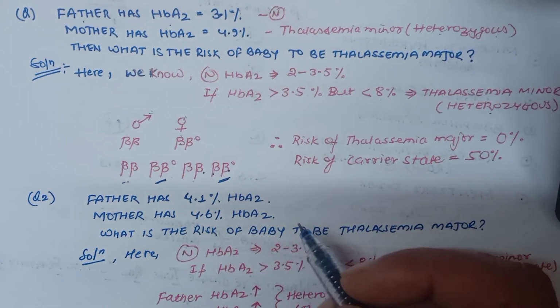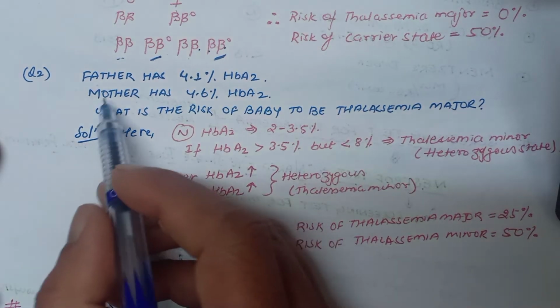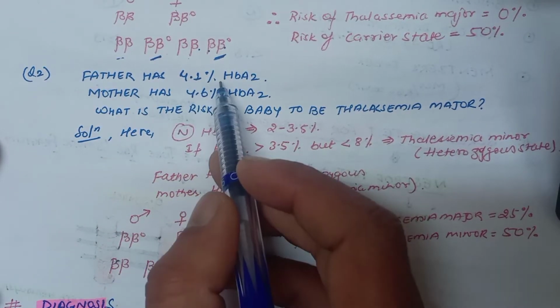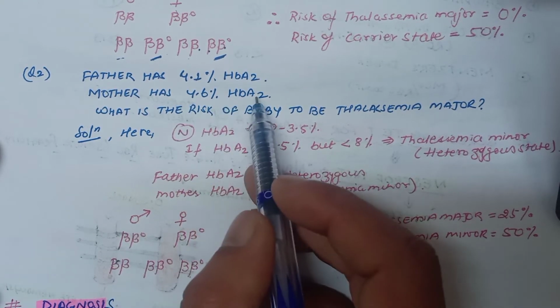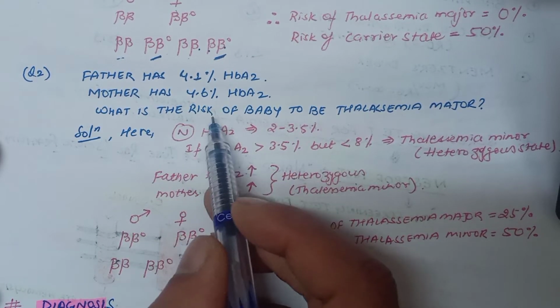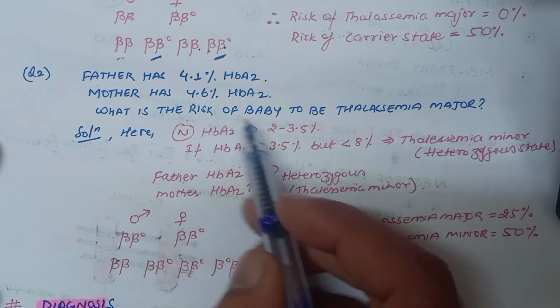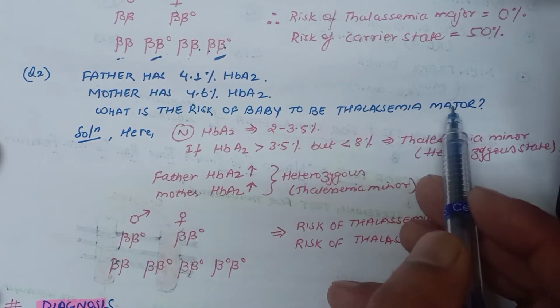Now coming to the next question. In the next question, the father has 4.1% HbA2 and the mother has 4.6% HbA2. What is the risk of the baby being thalassemia major?